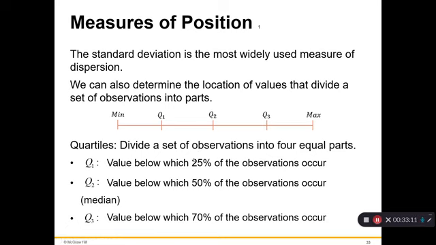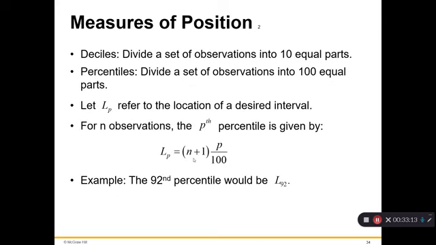Okay, and we can use this in various ways. So deciles means we divide the set of observations into 10 equal parts. And percentile is dividing the set of observations into 100 equal parts.